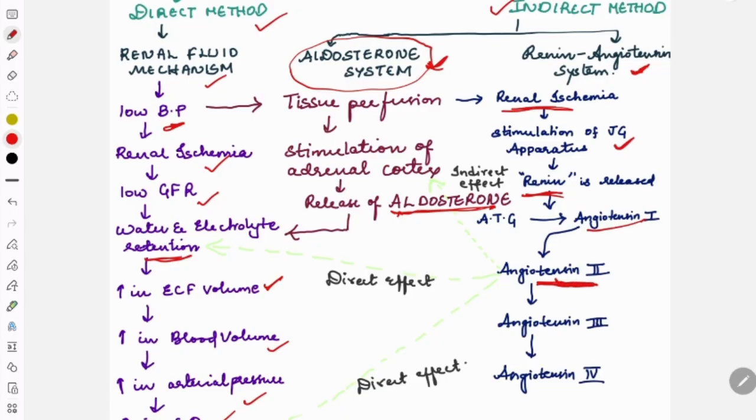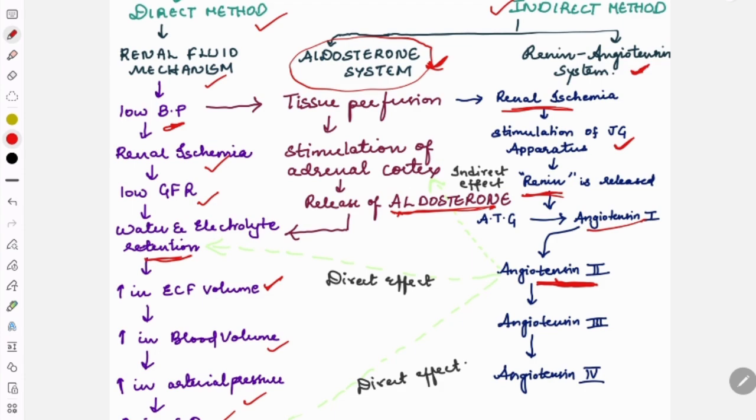Okay, so this angiotensin 2 causes the release of aldosterone from the adrenal cortex by the stimulation of the adrenal cortex. Okay, that is one role, that is one indirect effect. Then another effect is that it shows a direct effect on water and electrolyte retention. It will directly promote water and electrolyte retention, thereby increasing the BP.